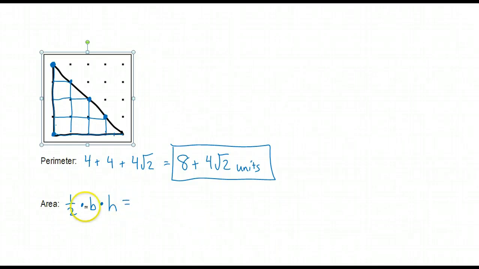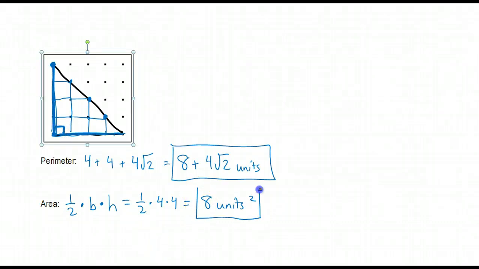So my area in this case is 1/2 times 4 times 4, which is 8 units squared. To find my base, I need this measurement, this length, and my height is this length. Notice that the base and the height form a right angle. So the area is 8 units squared.